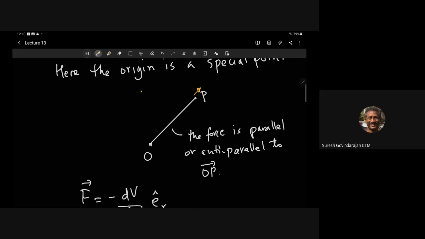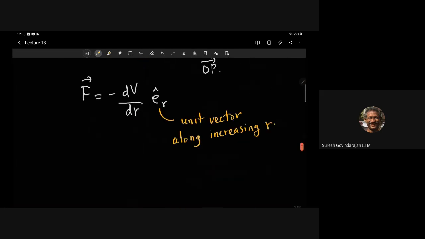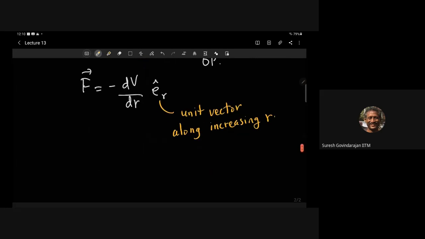You choose some other point P prime, and then you just draw that line again. Here it will be along this direction. So E_R, okay, we'll work in spherical polar coordinates. So this is a unit vector. So we will see reasons.